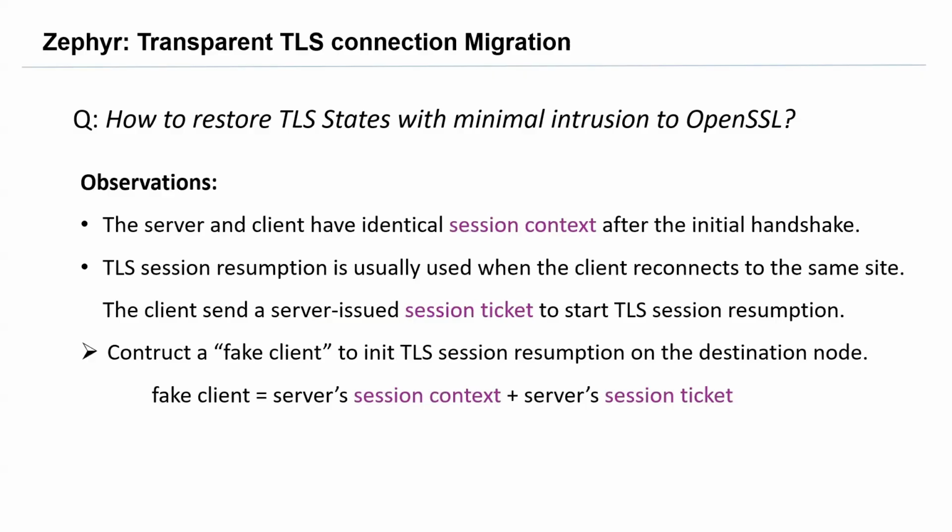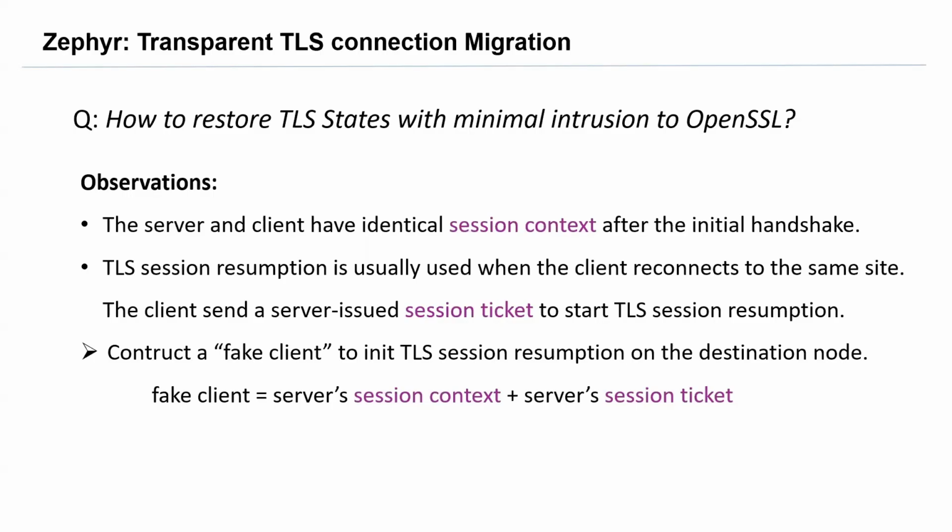Why does it work? Our observations are as follows. Firstly, TLS session resumption is usually used when the client wants to reconnect to the same site repeatedly. The client will send a server-issued session ticket to start the TLS session resumption. On the other hand, after the initial handshake of the connection, the server and client have identical session contexts.